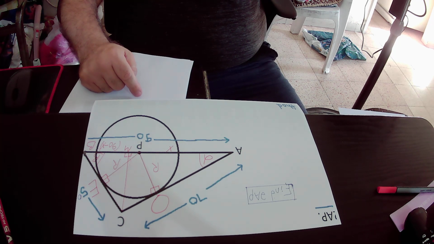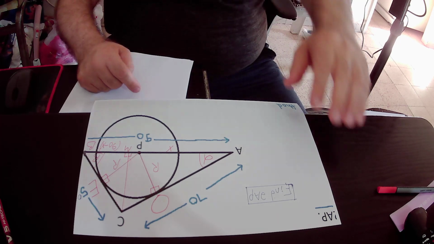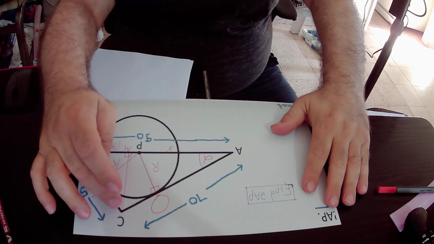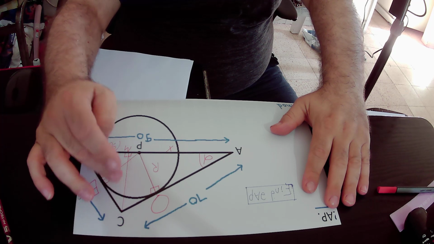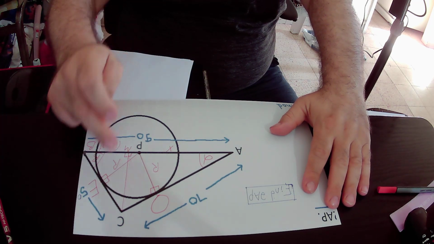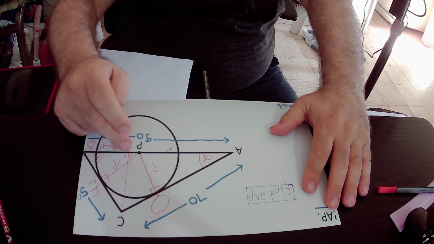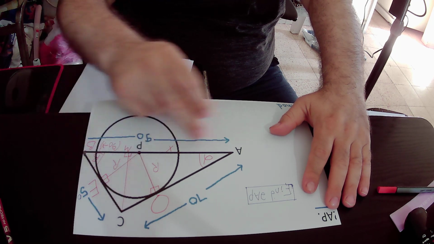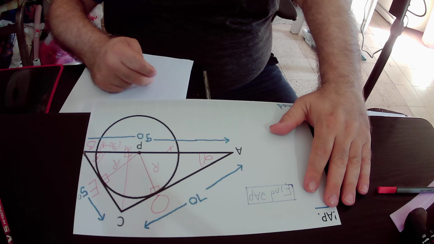And in the next step, we drew a perpendicular to side AB of the triangle. So CMB equals 90 degrees and also CMA equals 90 degrees.